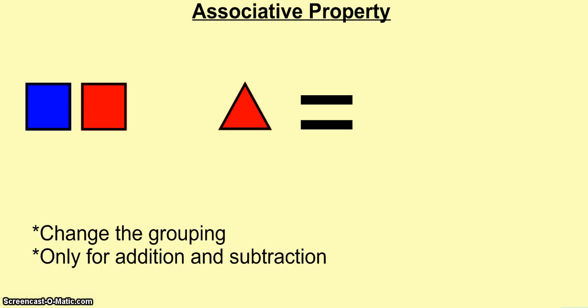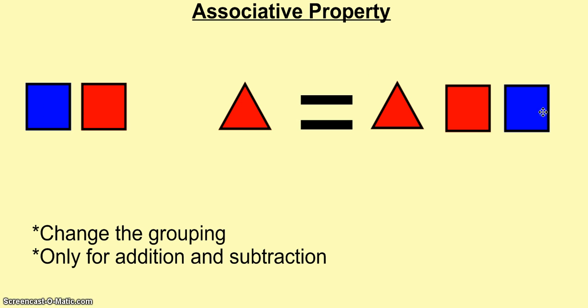Okay, the associative property. So let's change this grouping. Okay, so let's see. I'm going to move one red triangle on the right side of the equal sign, move one red rectangle on the right side of the equal sign, and one blue rectangle or square on the right side of the equal sign.